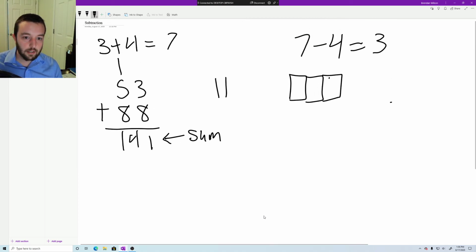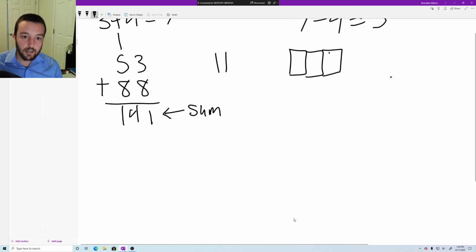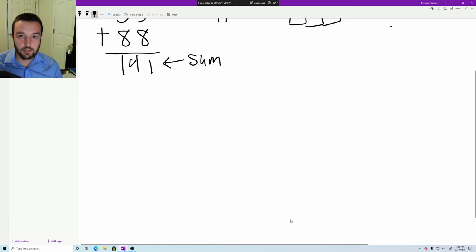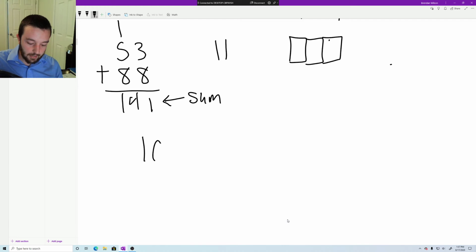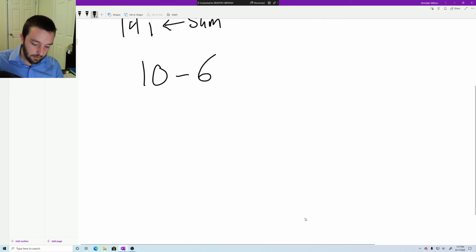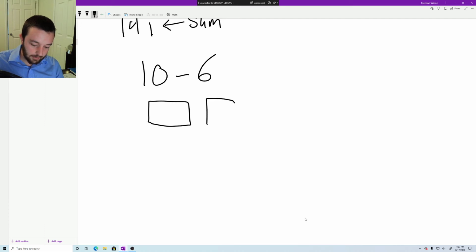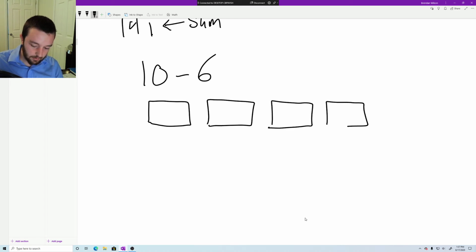So, in this sense, subtracting with single digit numbers is basically just counting, just like adding with single digit numbers. If we have 10 minus 6, again, we're just going to count. If we have 10 of something and we give 6 of it away, then how much is left over, right? So let's say we have $10 in singles here.